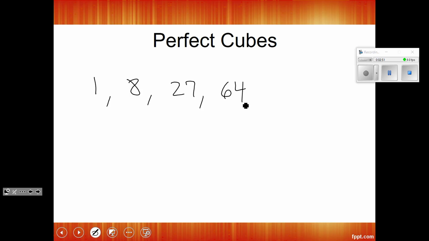It's a little arrow above the division sign. You're going to raise it to the third power and hit enter. What is it? 125. Okay, what is 6 cubed?